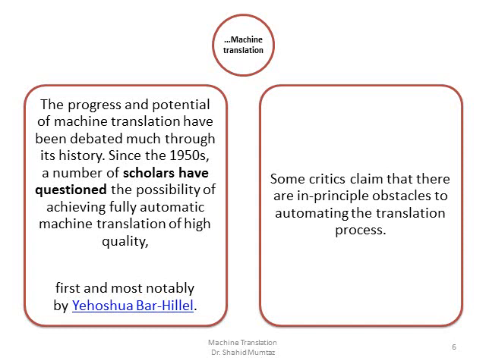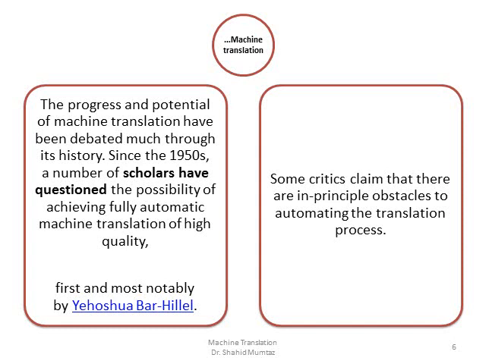The progress and potential of machine translation have been debated much through its history, and since the 1950s a number of scholars have questioned the possibility of achieving fully automatic machine translation of high quality. First and most notably, this question was raised by Yehoshua Bar Hillel.